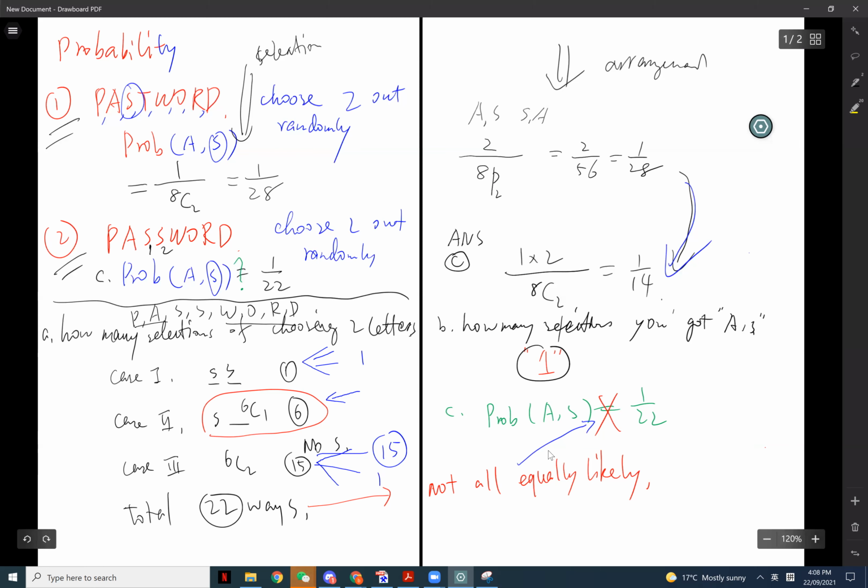Like this is 15p, this is just 1p, but this 6 each is 2p, because S, you get a double chance to choose S. That's why in total you get the p, 12p, 15p, in total 28.